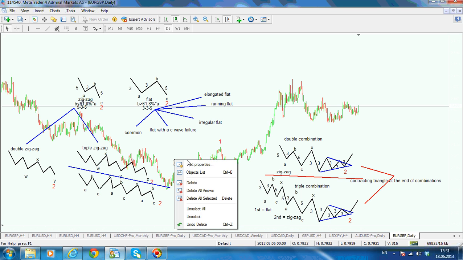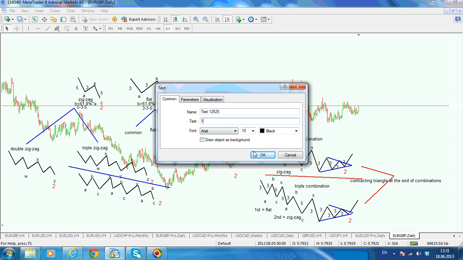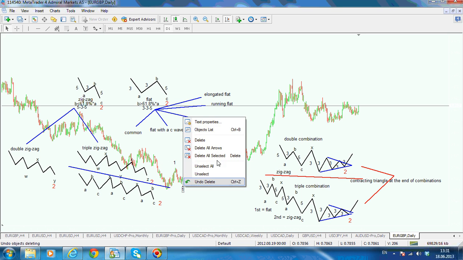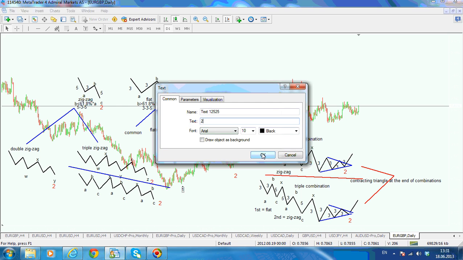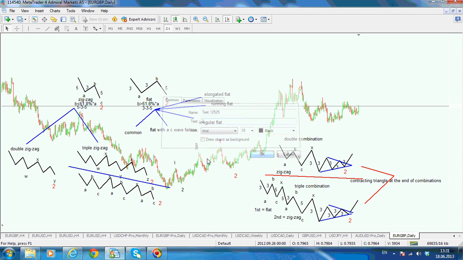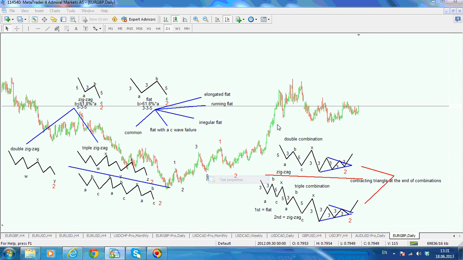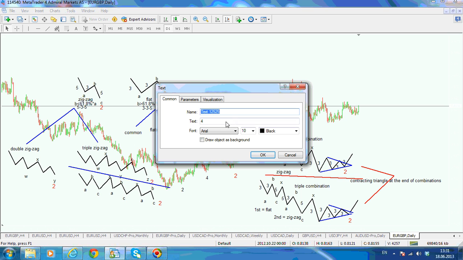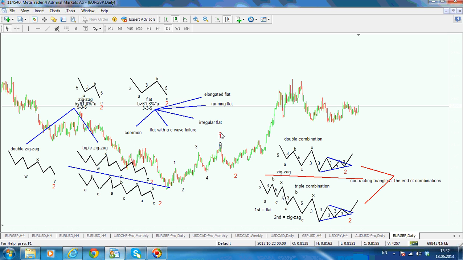So this would be a 1, and the second wave here, third wave here, fourth wave here, fifth wave here, so 1, 2, 3, 4, 5. And the same principle that you are applying on a second wave of this degree, you are looking for the second wave of this degree.